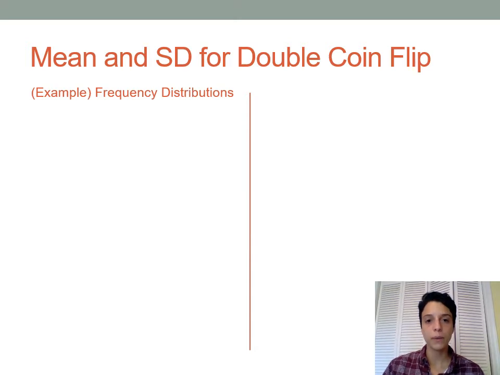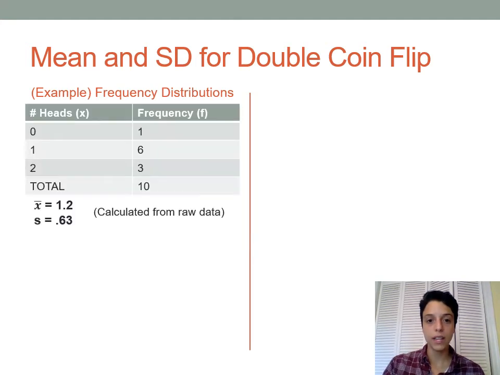When we talked about frequency distributions, we talked about how you can calculate mean and standard deviation for data that's shown in a frequency table. Before, we had some examples of other variables and we calculated the mean and standard deviation for them.